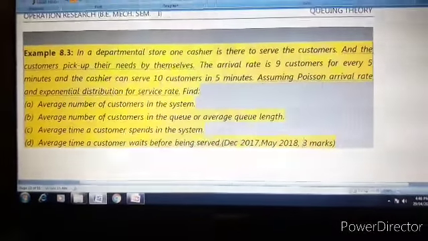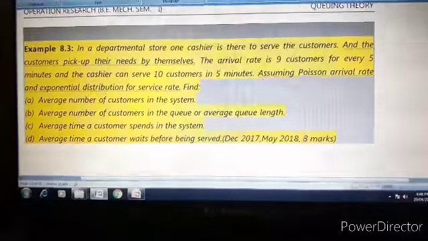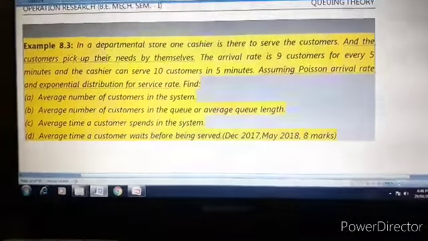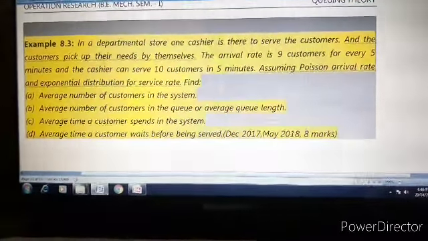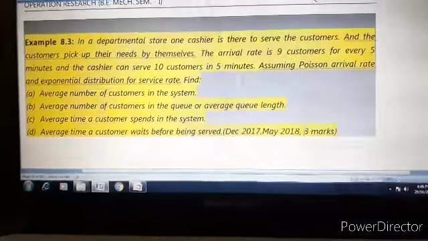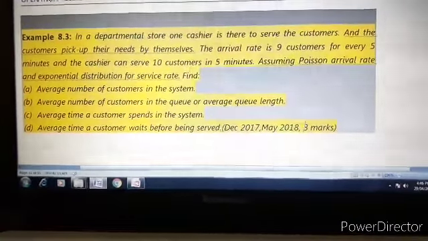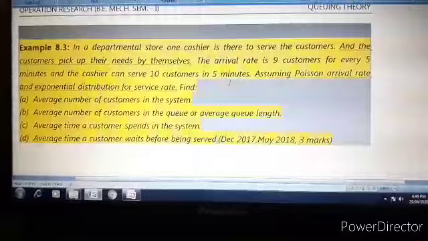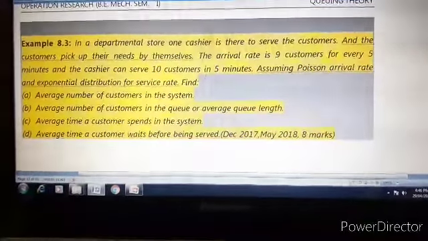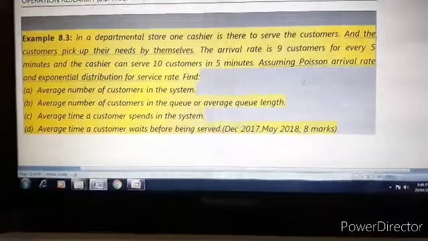Again we have to check the condition that the service rate should always be greater than the arrival rate. Our arrival rate is 1.8 customers per minute, whereas the service rate is 2 customers per minute. So the condition that mu should always be greater than lambda is satisfied.